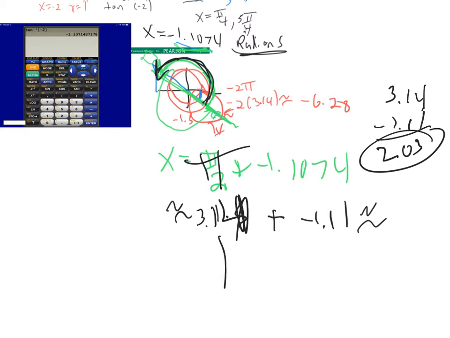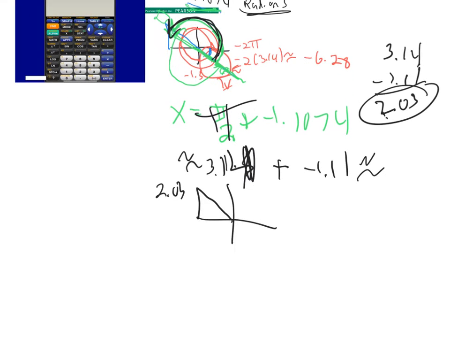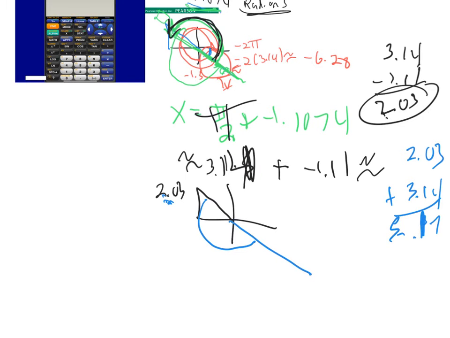Then if I'm already sitting over here at 2.03 radians, to go to the positive angle here, I could just add pi again. So I'll take the 2.03 and add the 3.14 again. That's 5.17.